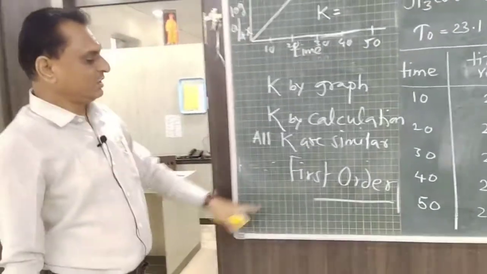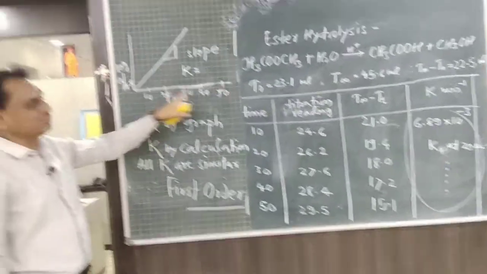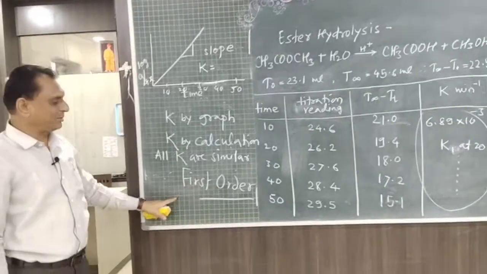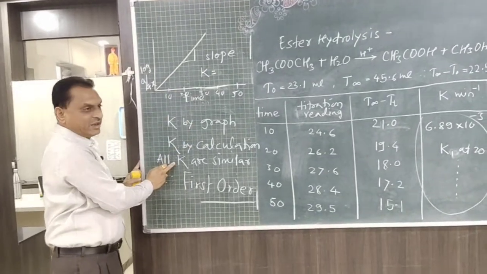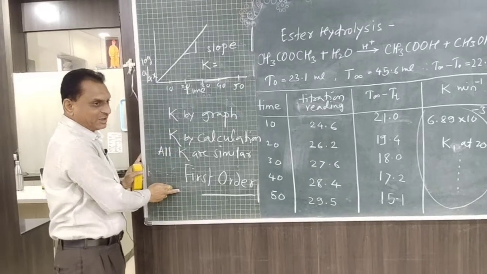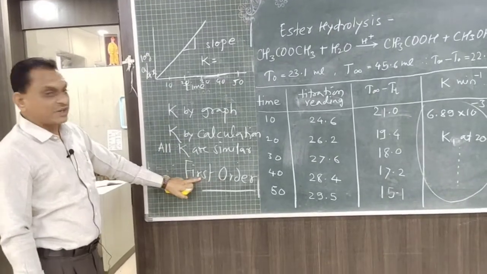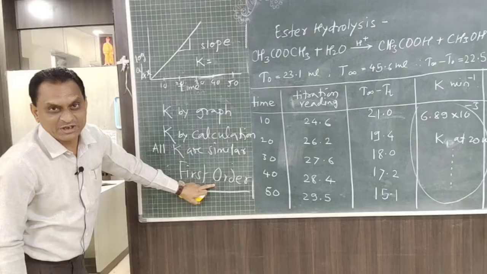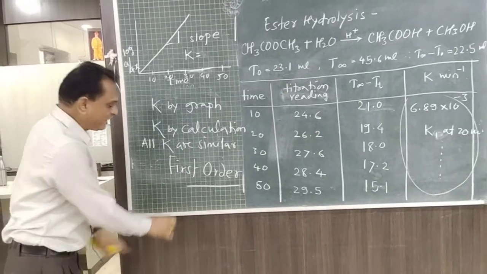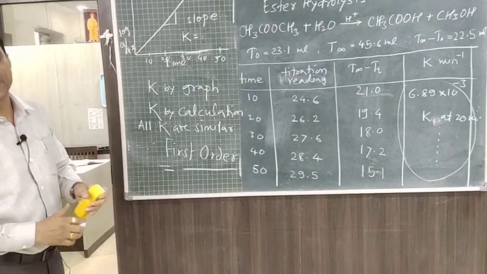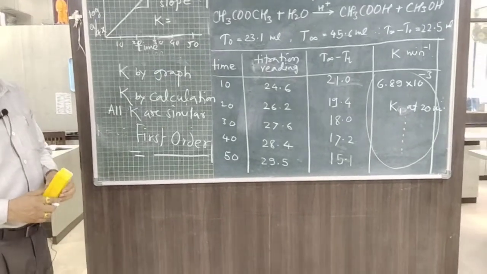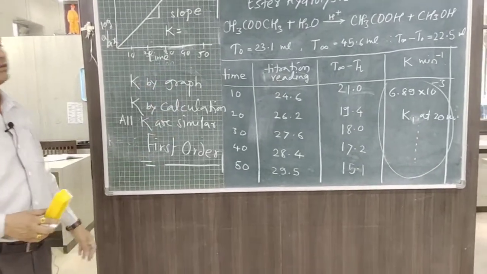So you have to write the conclusion of this particular experiment, that is, both K values, K by graph as well as K by calculation, are similar, therefore ester hydrolysis is a first order reaction itself. Okay, so this is the detailed explanation about the calculation of the result for this particular part.